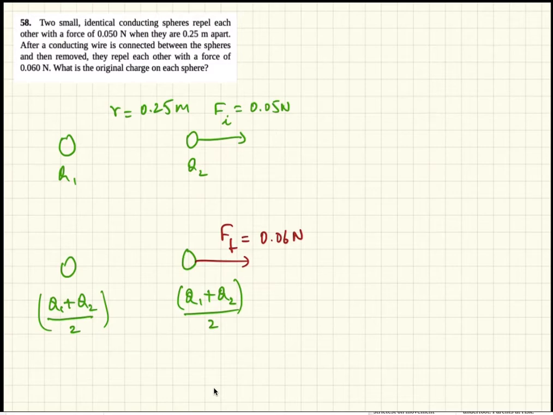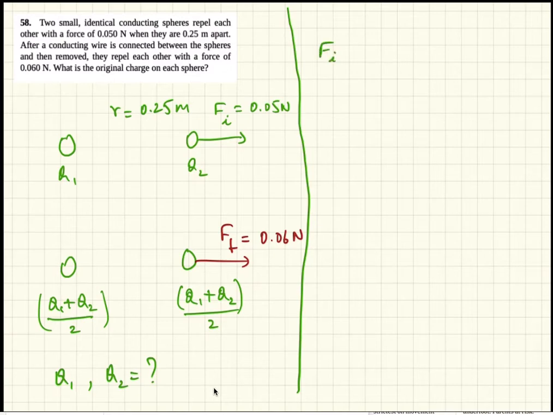So the way this problem will be solved is, let's write down what they're asking. They're asking us to find Q1 and Q2. So we have two unknowns and we need two equations. We'll have an equation for this force and an equation for this force, and that's how we'll solve the problem.